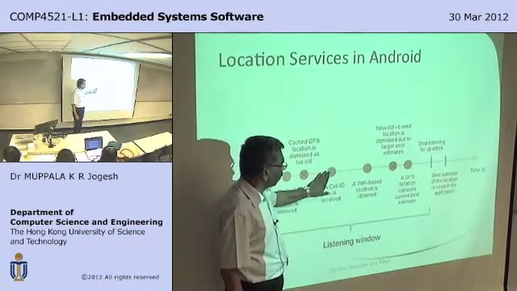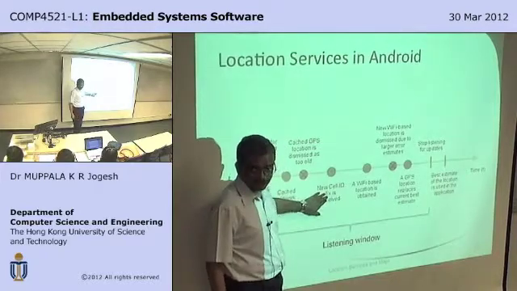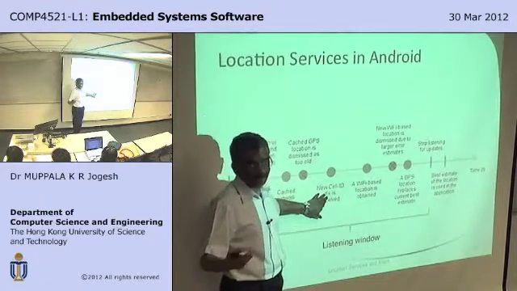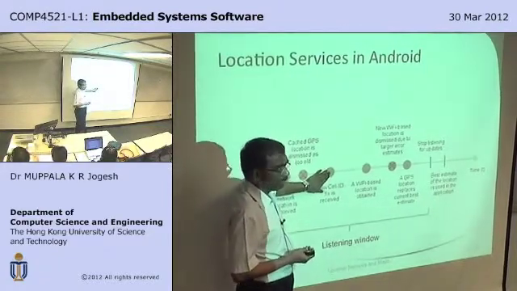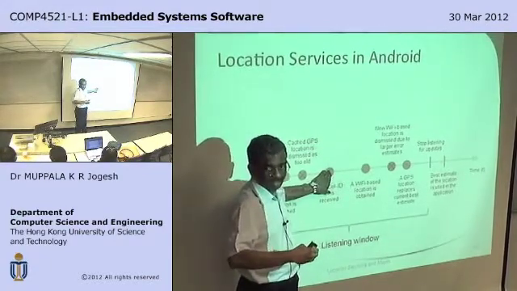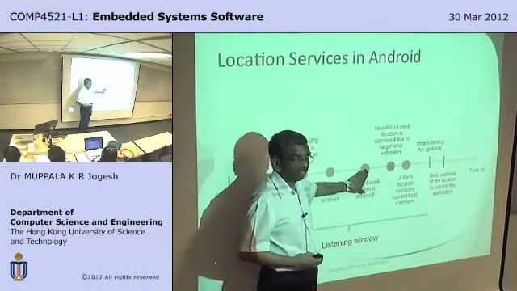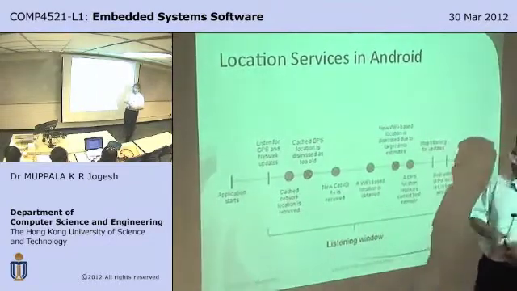After a period of time, perhaps you would receive a better estimate of the location by making use of the cell IDs. So you get this by using the network provider. This may be a bit more accurate, and you say, okay, I will start working with that as my location. And subsequently, maybe you may get a further update from making use of Wi-Fi signals.